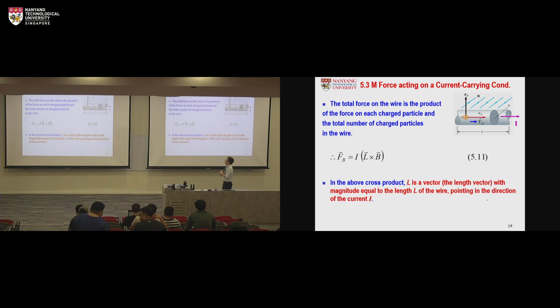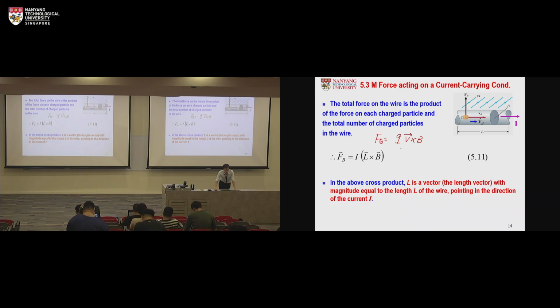The way we can derive the magnetic force is still based on this one, again F_B for the moving charge.